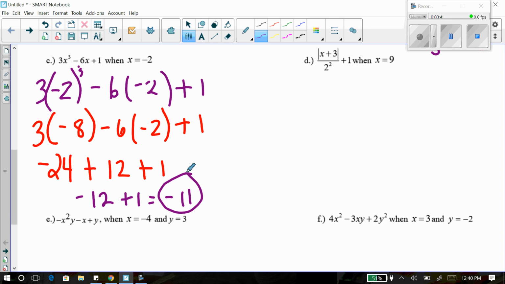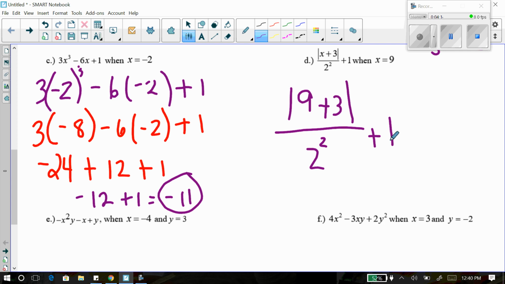All right, again, D is not done for you. So you need to either type out your work or take a picture of it and submit the picture underneath letter D. So let's try it. Let's find the value of this expression when x is 9. So I'm going to substitute in a 9 for x, and I will solve. Well, this can really kind of be written in parentheses.